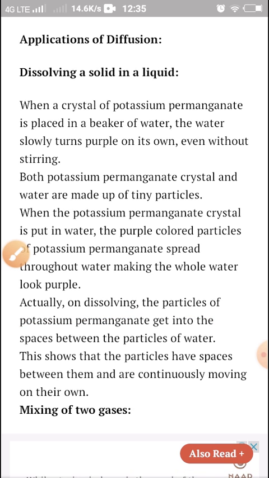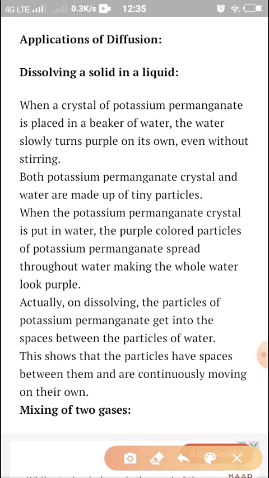The main perspective is to show that when we look into diffusion, the second thing that we mix into the first thing will go into the spaces present between the particles of the first object. You didn't get it? I'll make you understand, right?